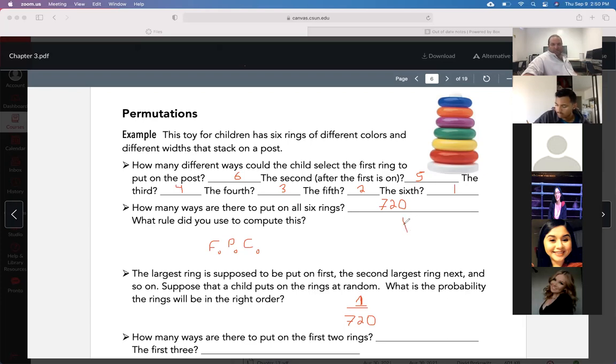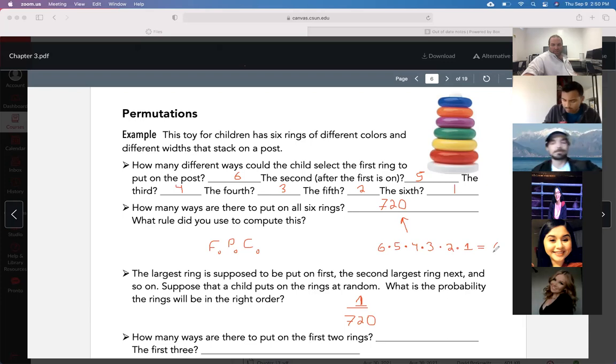Now, by the way, does anyone know a shorthand for 6 times 5 times 4 times 3 times 2 times 1? Anyone learn in their mathematical career? Involves an exclamation point. Right? Yes. So a shorthand notation for multiplying down to 1 would be 6 with an exclamation point.